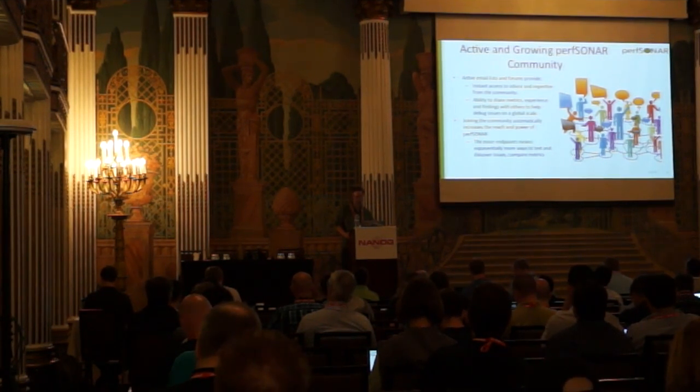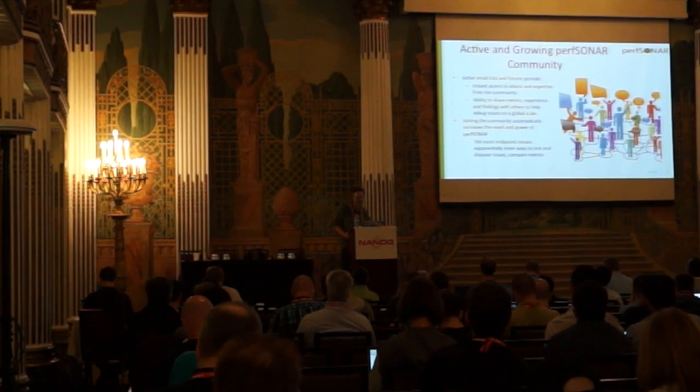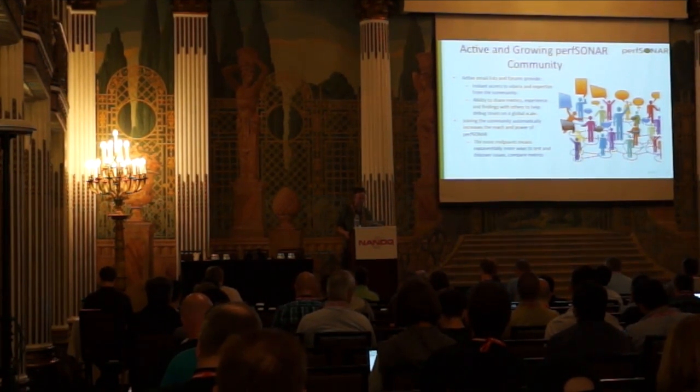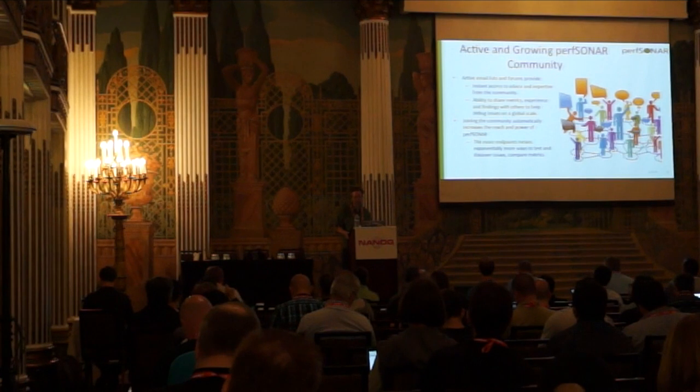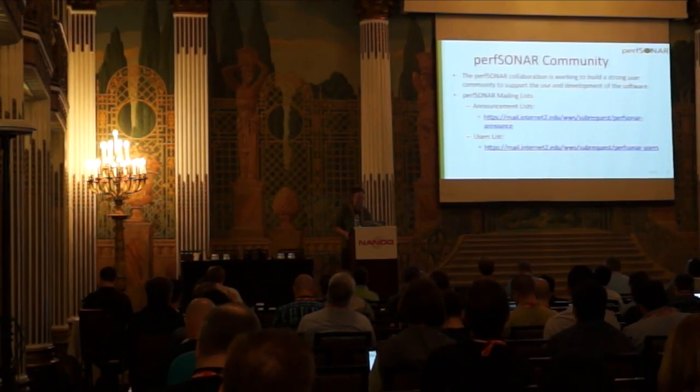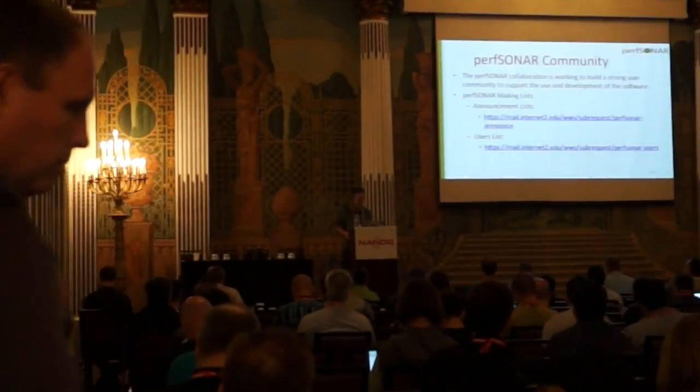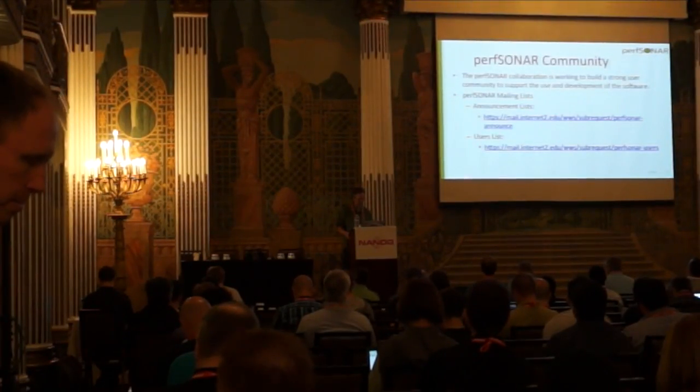People discuss all sorts of things, everything from what Persona hardware should I buy, to I'm experiencing this strange problem, anybody have ideas how to debug it, or where can I run tests. We've been quite happy with the activity of the community, and those are the URLs for subscribing.